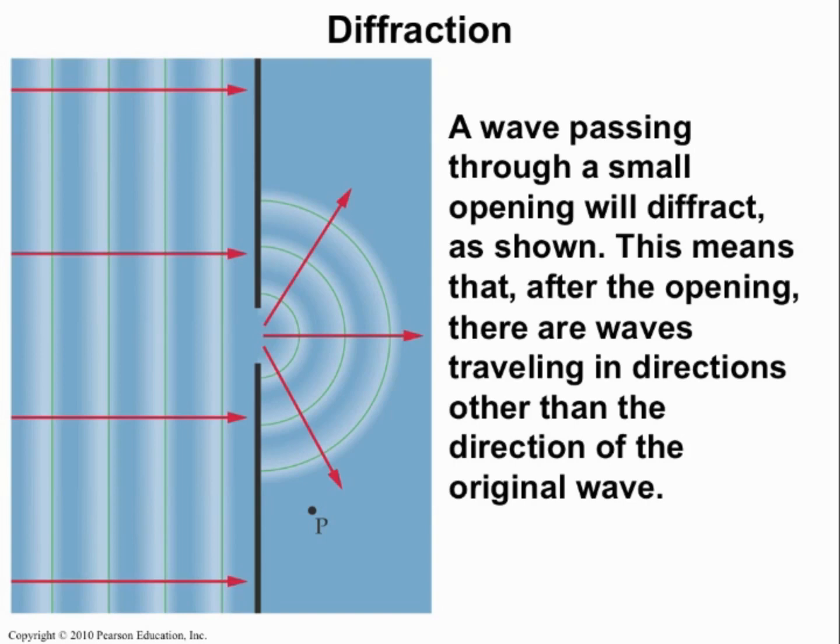Diffraction is the spreading out of a wave that passes through an opening in a barrier. Diffraction will only occur when the separation, or the length of that slit, is comparable to the wavelength of the wave that's passing through it. So in order to see the diffraction of light, you need pretty thin slits.